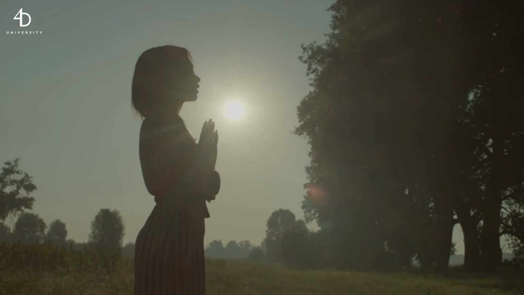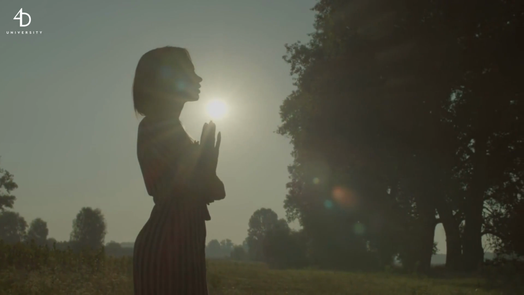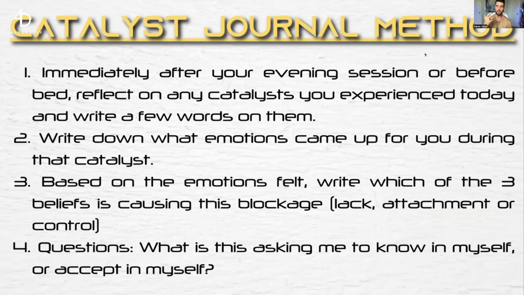Attachments is the belief that causes anger. And then control, trying to be the doer, the controller, is what causes fear. So based on the emotions you wrote out, then step 3, write out the beliefs that the ego's using right in this moment.